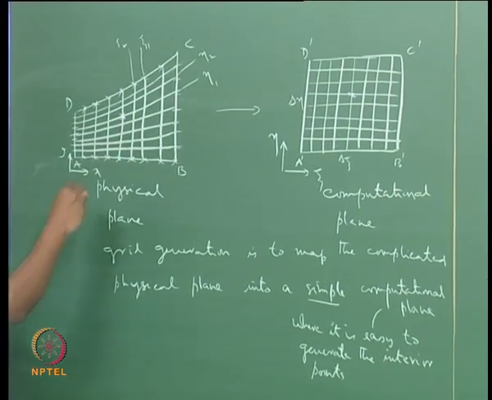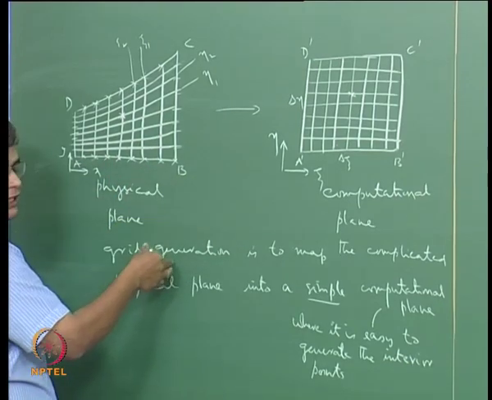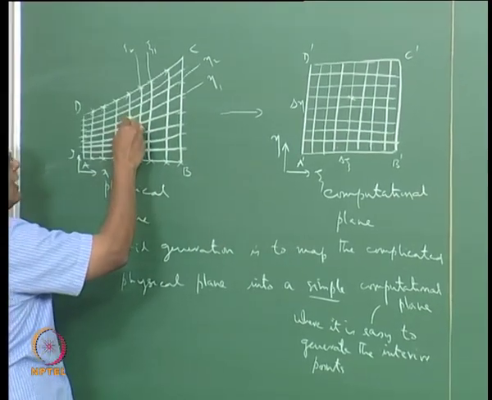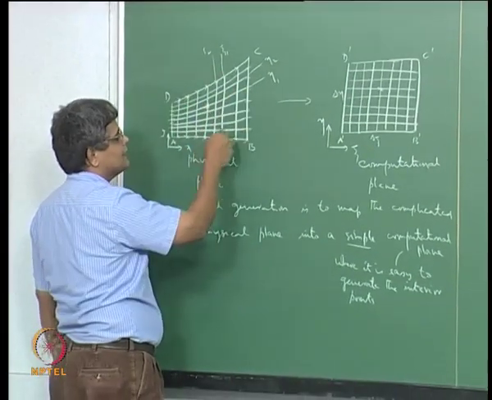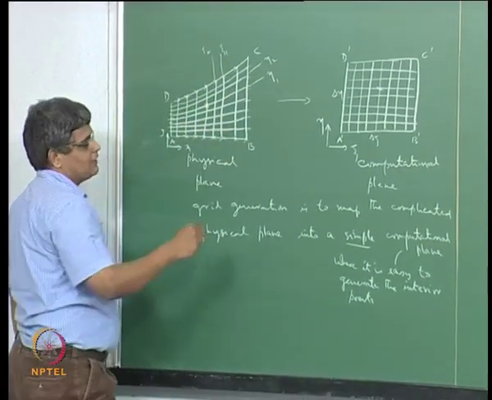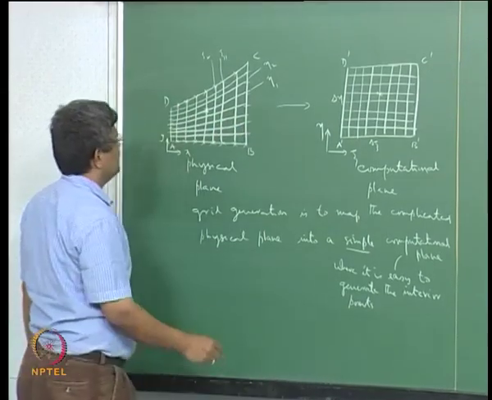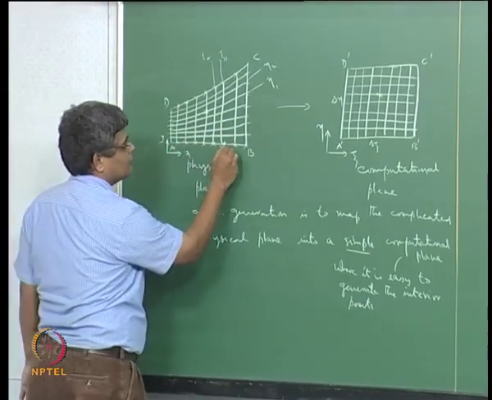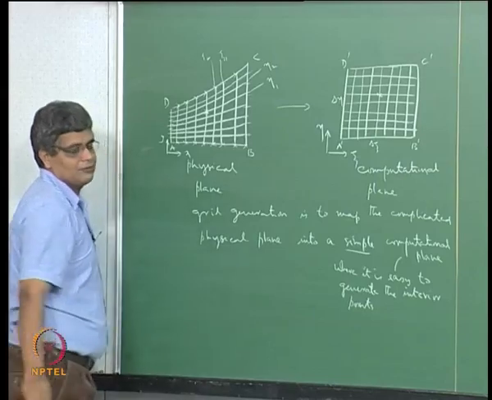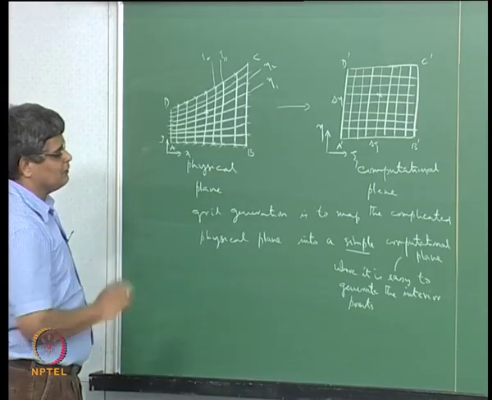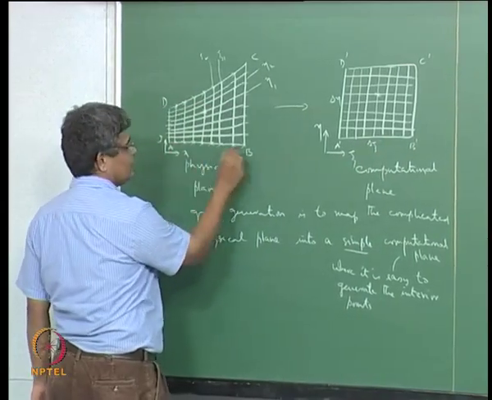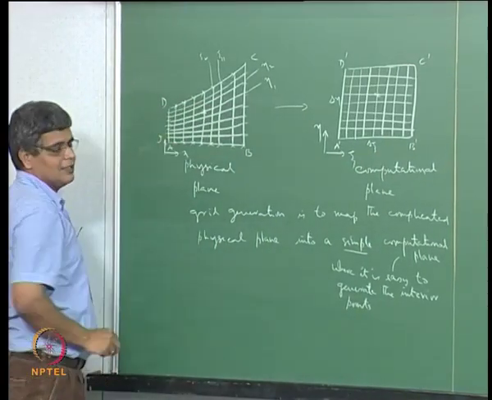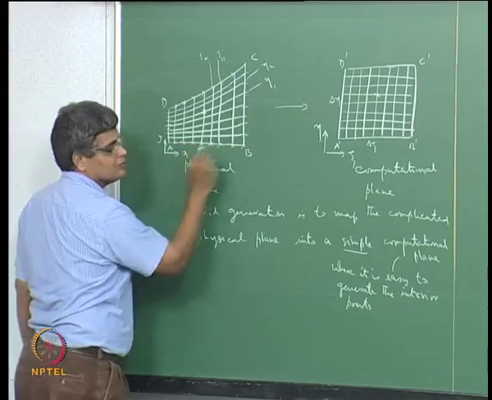So the objective of the grid generation is to evaluate the location of x and y on the interior of the physical domain for a given number of points and for a given location of the points on the physical boundary. The important variables here are the number of points that you want to put on this space and also on this space, and also where you want to put them.